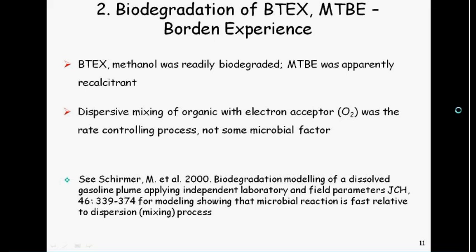It turned out that he used Borden parameters for advection and dispersion, and that worked well with any biodegradation rate he could find in the literature. So whether it was relatively fast or relatively slow, it didn't change the field situation. That really emphasizes that the microbial rate of biodegradation would not be the rate-controlling step. It was dispersion.